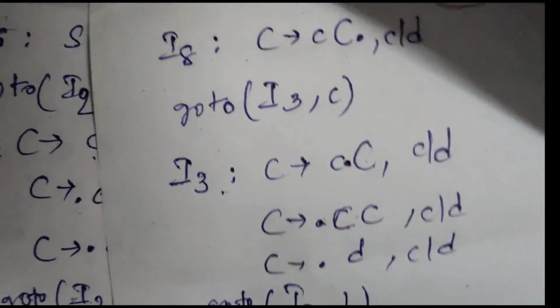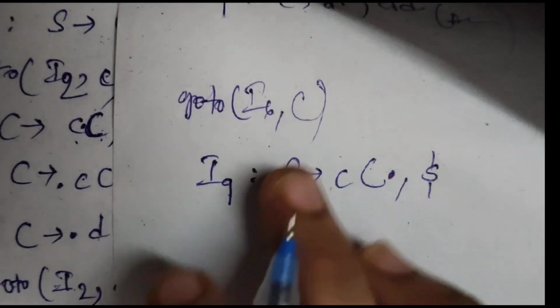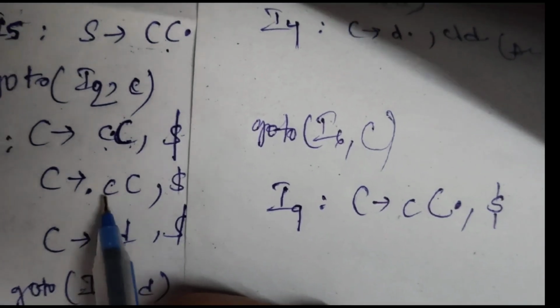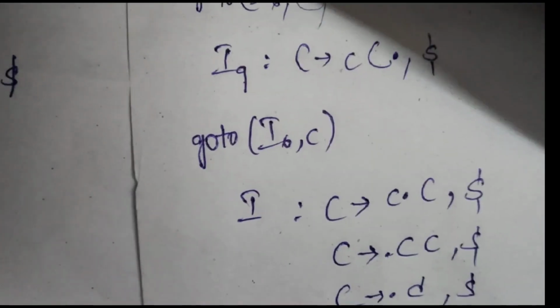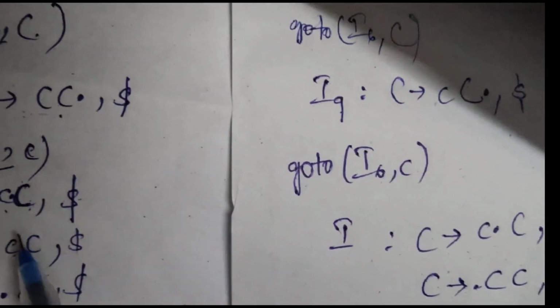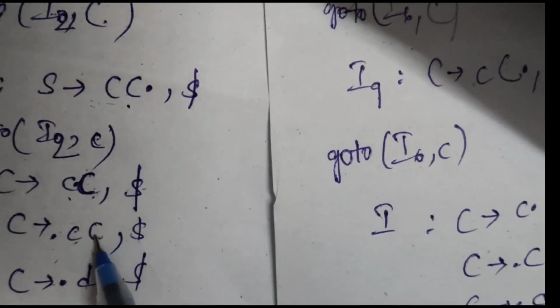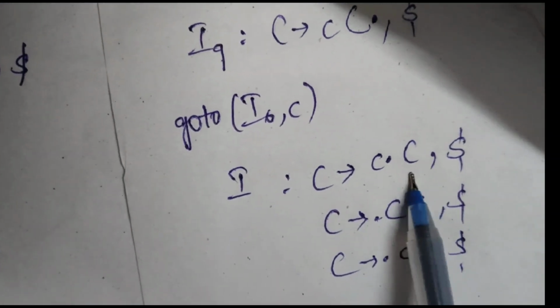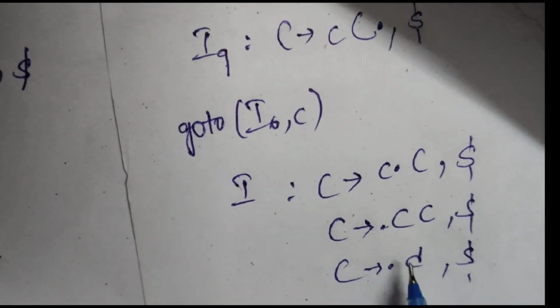So already we got up to I8, right? So the next production is I9. In a similar way, we'll calculate goto I6 comma small c, I6 comma small d. If we go to I6 comma small c, we just needed to shift this dot. As we shifted this dot here, we got a closure. For closure, we need to write all the productions of C with the dot kept before it.